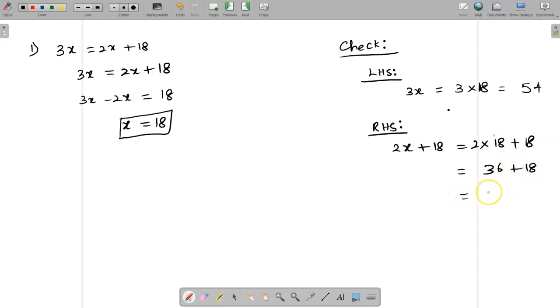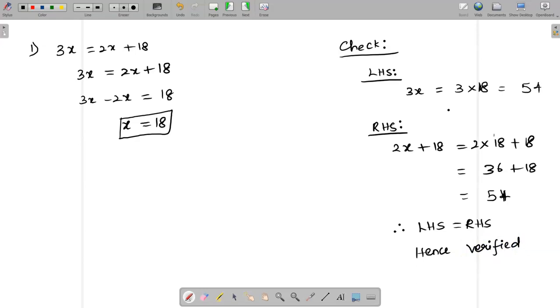What is 36 plus 18? 8 plus 6 is 14, and we have 1 carry, so 3 plus 1 is 4, that is 54. So this value is also 54, and this value is also 54. So I can say that the left hand side is equal to the right hand side. Hence it is verified. Hence your results are verified.